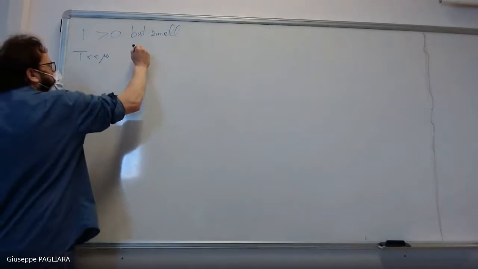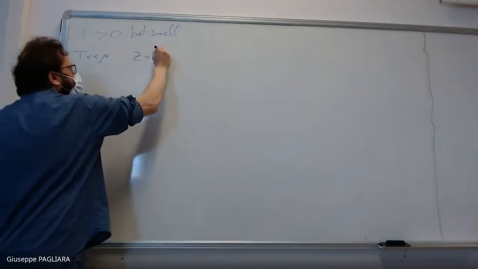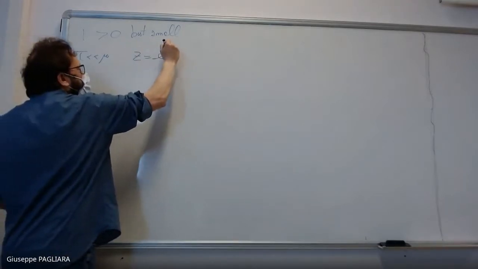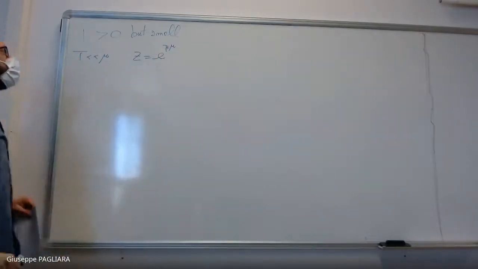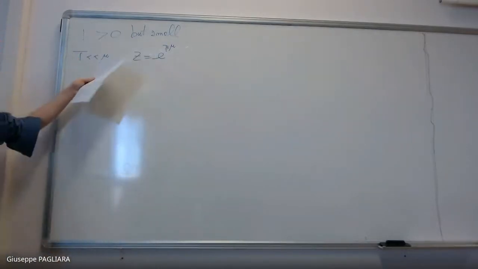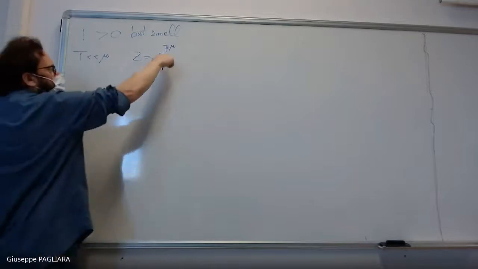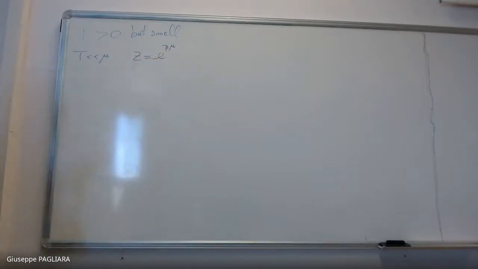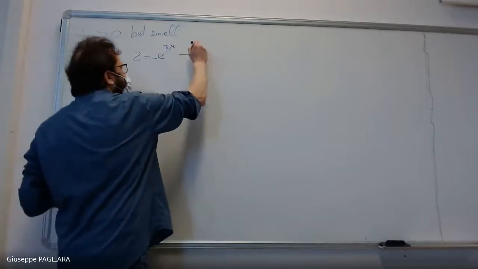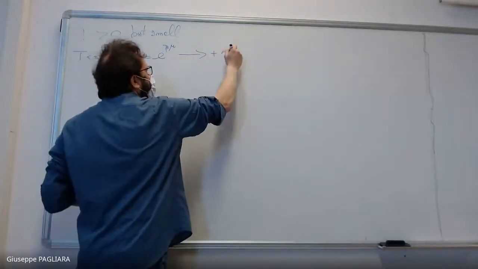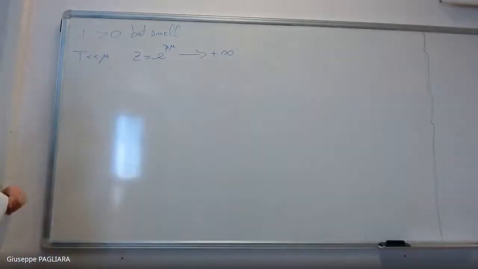The chemical potential is a positive number, as we said before, at T equals 0 and small T. And therefore, if I take the fugacity z, which is equal to e to the beta mu, since mu is a positive number and beta is 1 over k_B T and T is small, this function goes to plus infinity in this regime.